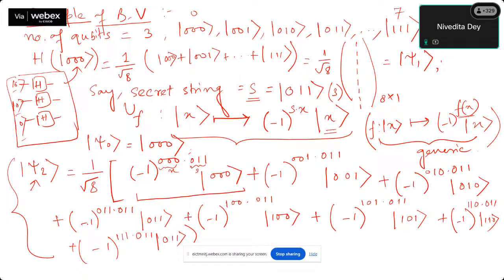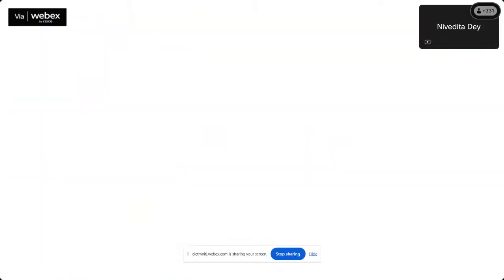Okay, now let us understand how we can compute this. You will be taking any one, say I want to compute 111 and 011, that thing, just the -1 power. So this is the power that you want to compute. It is nothing but bitwise: 1 into 0 plus 1 into 1 plus 1 into 1, mod 2.